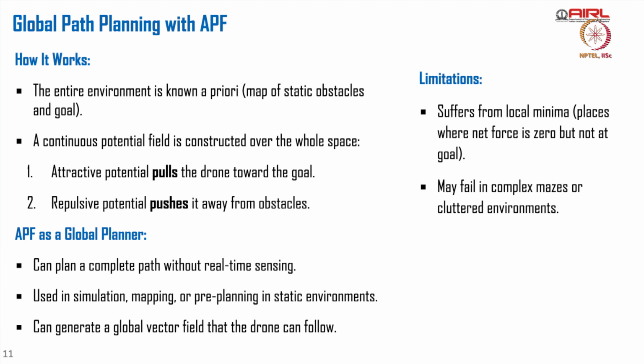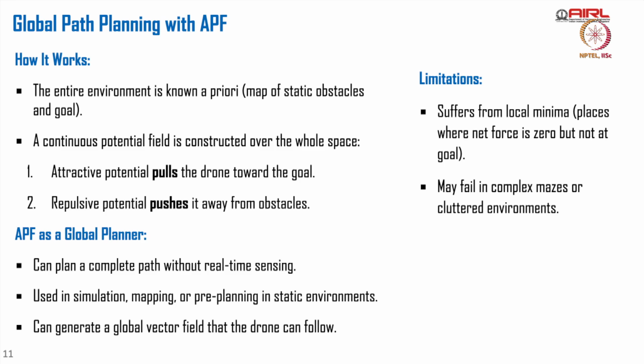One important aspect in this lecture: the drone knows its position precisely. Where am I is known, that Q is known, right? Not just that, the goal position is also known. And if there is a map, it's like a Google Earth map, right? We have the map which tells about all the obstacles, which are known.